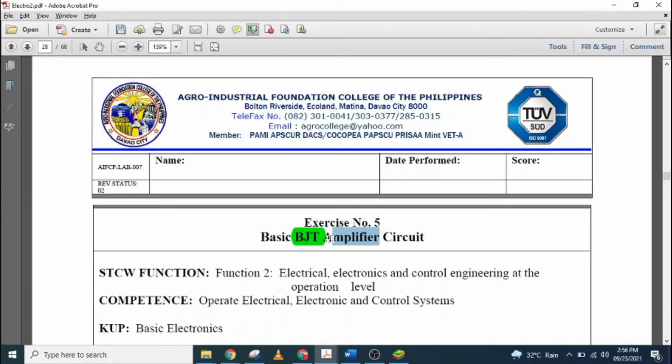Before we move on to discussing our laboratory activity, let's first define what an amplifier means. When we say amplify, we increase the intensity, from a small value or small amount, we make it larger.